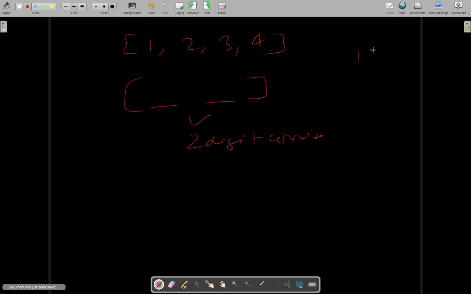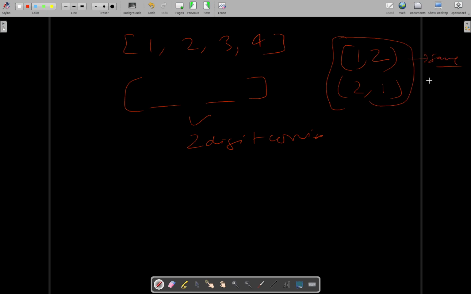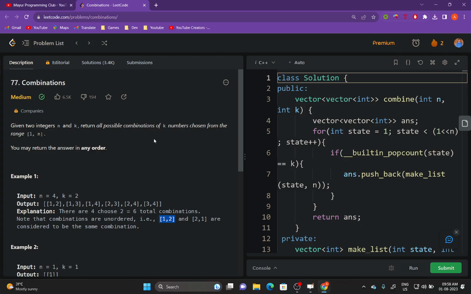If you form a combination 1 comma 2 and you form another combination 2 comma 1, these two are the same thing, since order does not matter. Also, duplicates are not allowed, since in combination by default the duplicates are not allowed unless otherwise stated in the problem. So I hope it's clear to you.